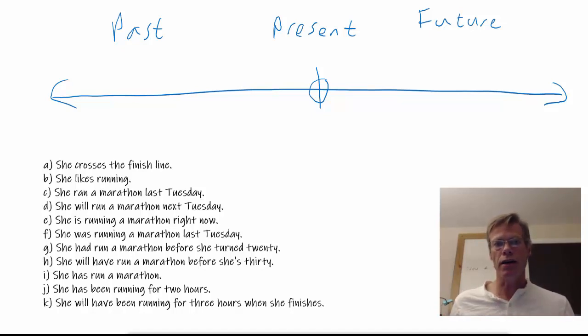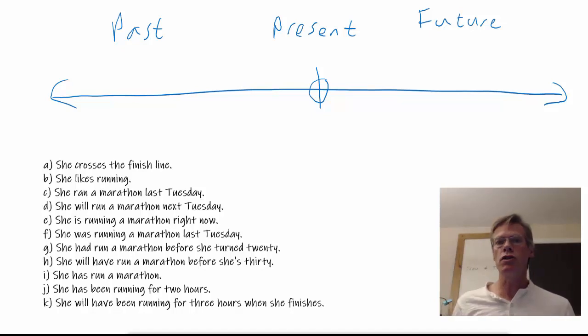Essentially, it's a timeline: there's a moment of now, the present, and everything that precedes it, going indefinitely to the left, is in the past, and everything that follows it, proceeding indefinitely to the right, is the future. And we then have ways of using language to represent places on that timeline.